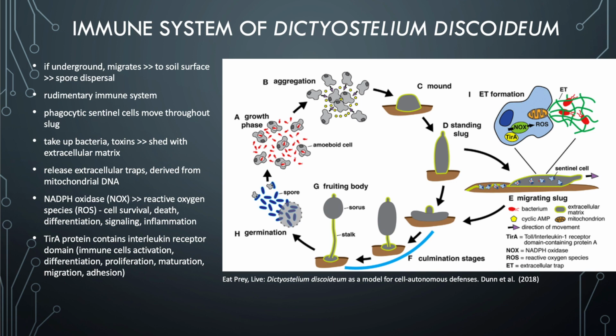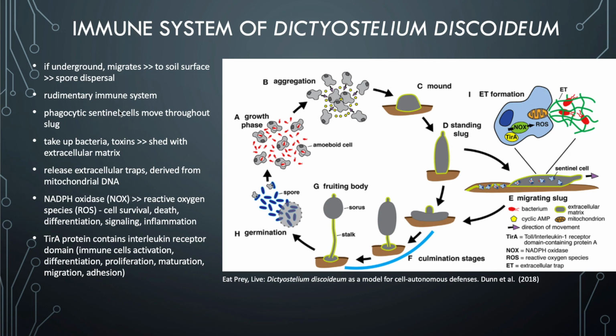These amoebae actually form similar cells in order to defend the slug, the entire multicellular organism that has been formed by the individual cells. So it's a very beautiful process that these organisms go through, and it's very similar to that of our own body. And these are phagocytic, so they basically engulf anything that might attach to or be harmful to this migrating slug.